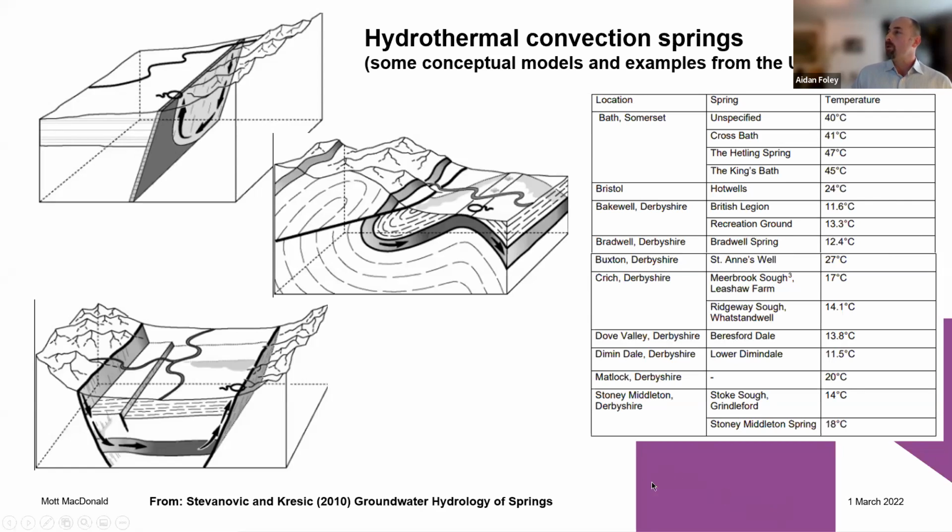These are the main hot springs in England, and we can see that almost all of them, in fact, are in Derbyshire, with these Bath and Bristol hot springs down there.